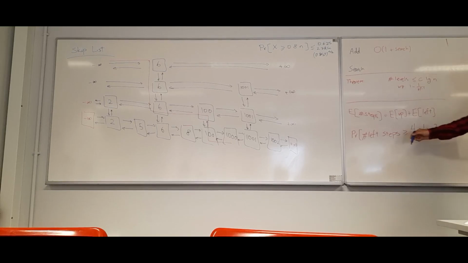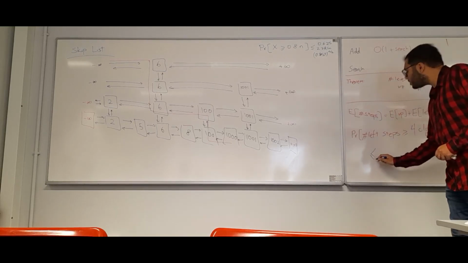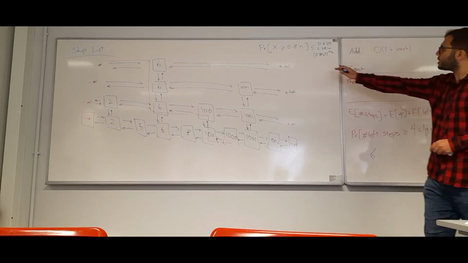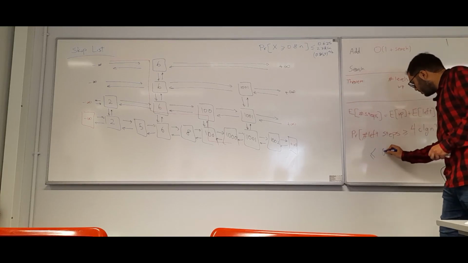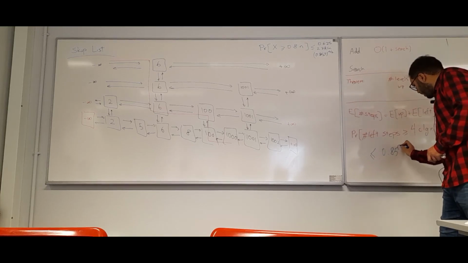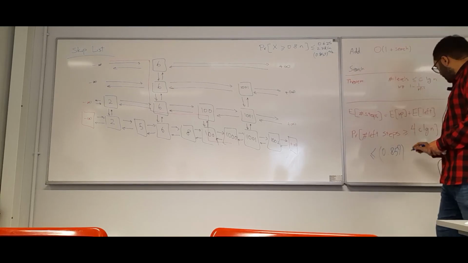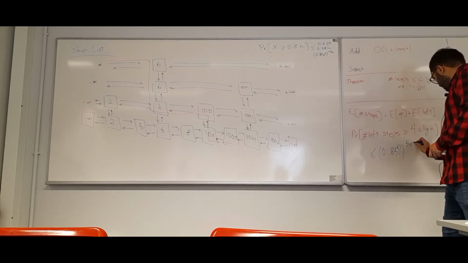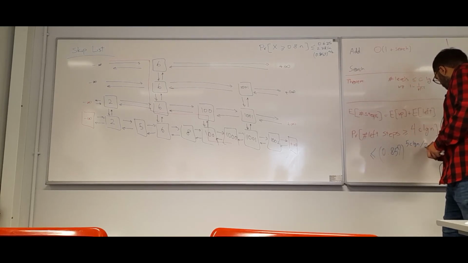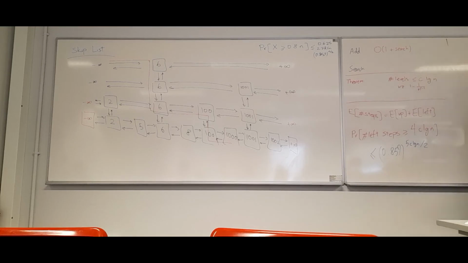Right? So this probability is at most, let's use the Chernoff bound here, 0.859 to the power of, well, our n is now 5c log n divided by 2. Okay? And this probability also tends to 0.